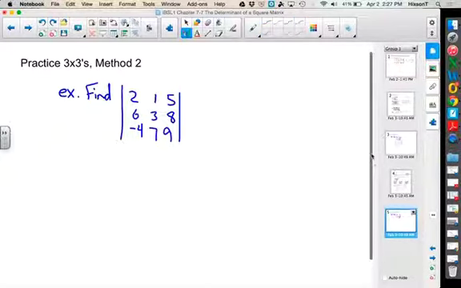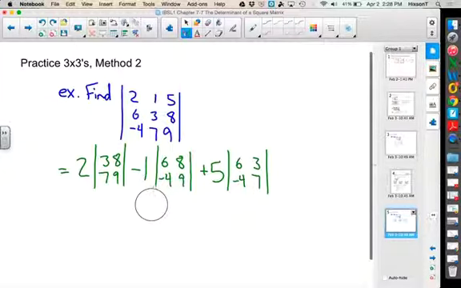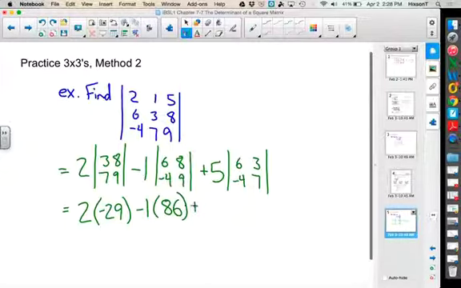Okay. So we should have 2 times negative 29 minus 1 times 86 plus 5 times 54.